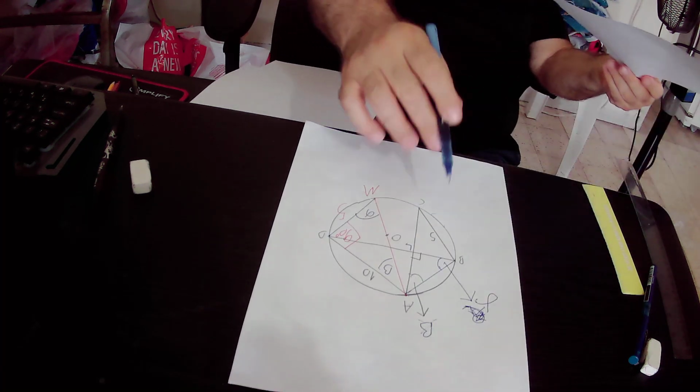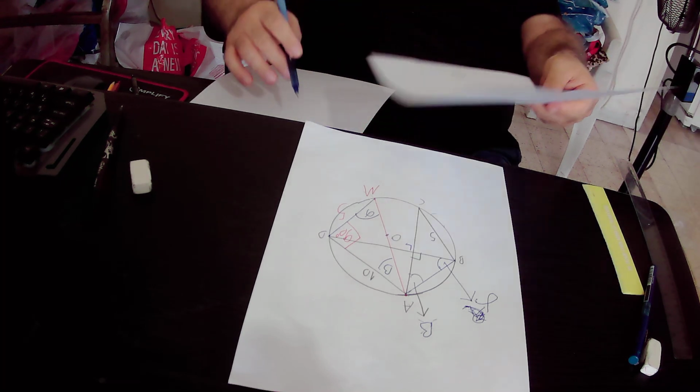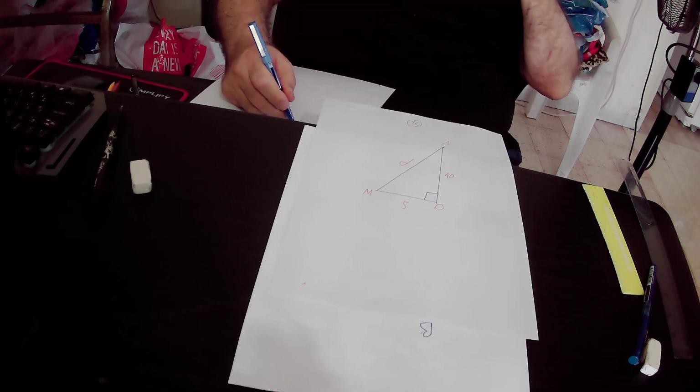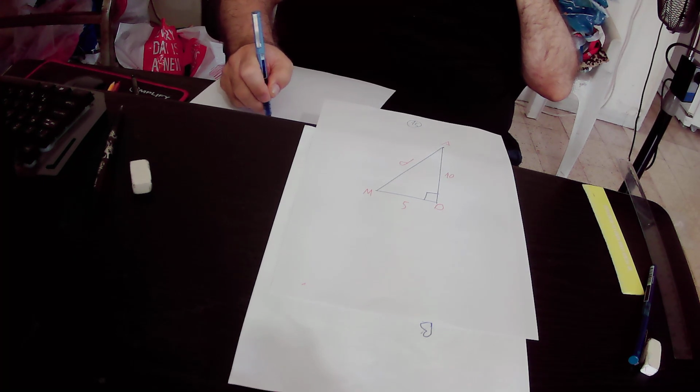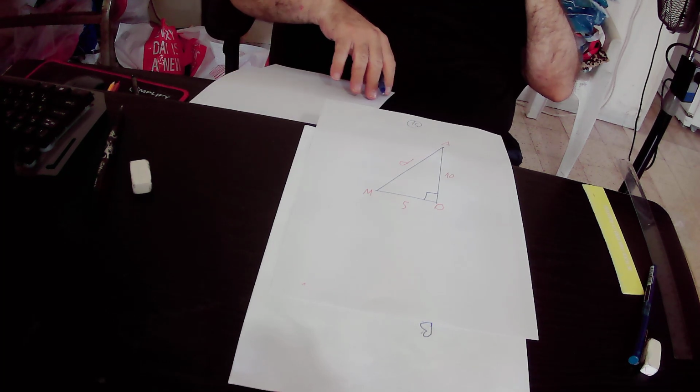So you can see AM is the diameter of the circle and d equals AM.